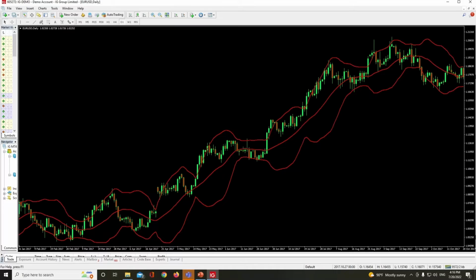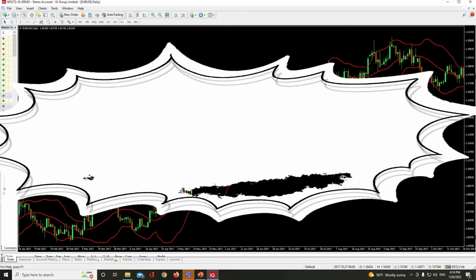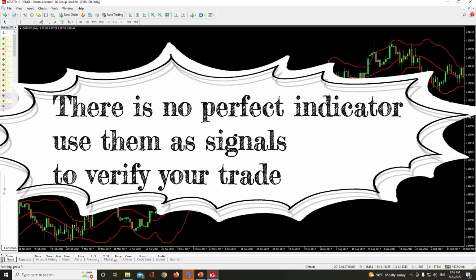The idea looks very simple. Prices like to travel in this river-like channel and we must take advantage of it. When the prices hit the top of this river, most likely they will retrace, and the opposite. When the prices hit the bottom, they will return. And here comes the tip of this video. There is no perfect indicator. Use them as signals to verify your trade.